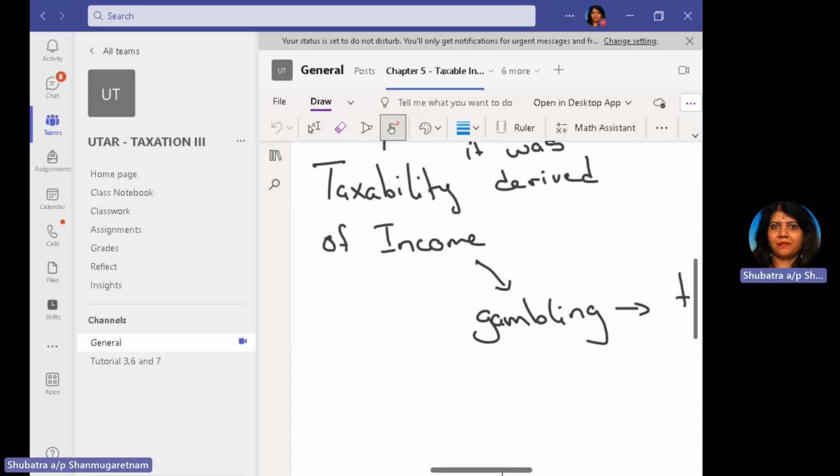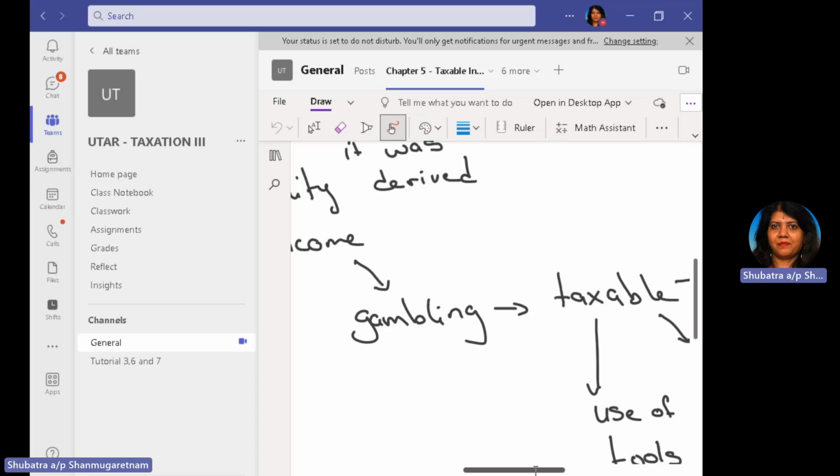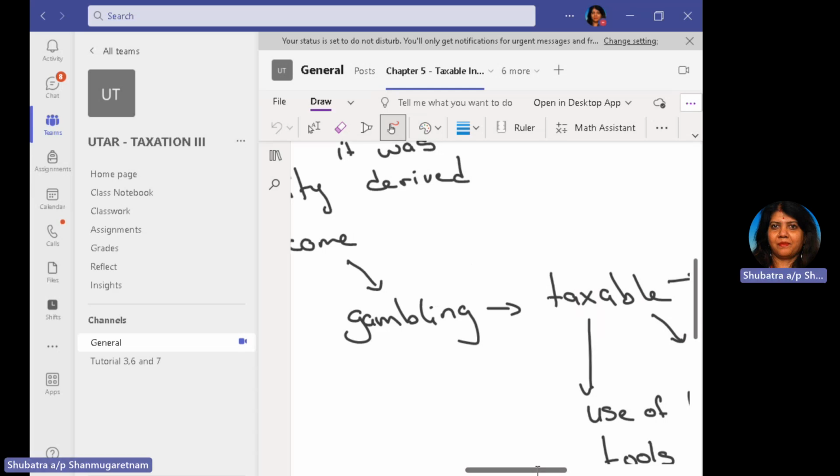Now, gambling. Remember just now I said, if it's a windfall, it's not taxable. So if you buy a lottery ticket and get winnings, it's not taxable. If I buy Impact Eco and I win, it's not taxable. It is very subjective when you talk about gambling.